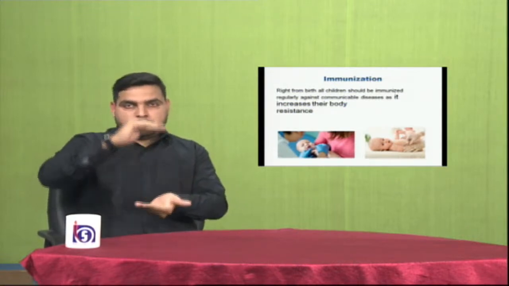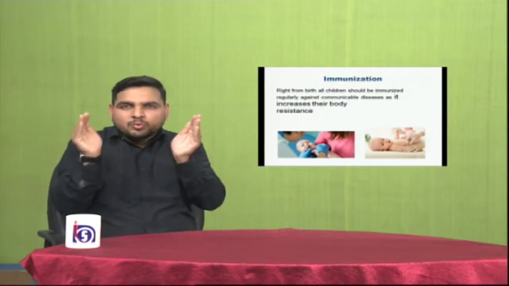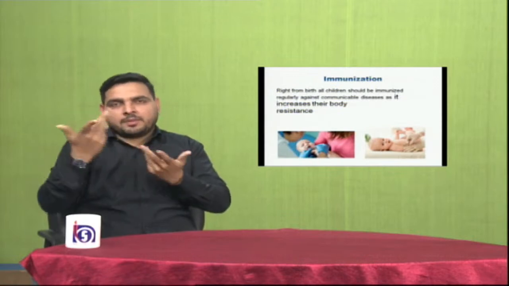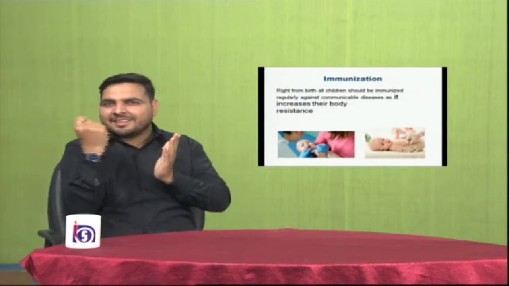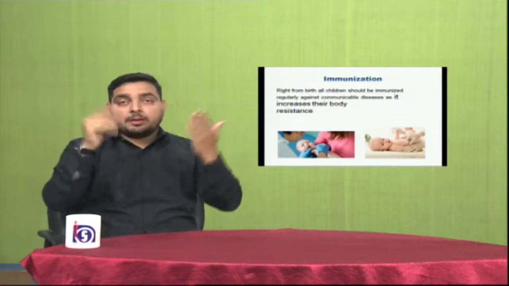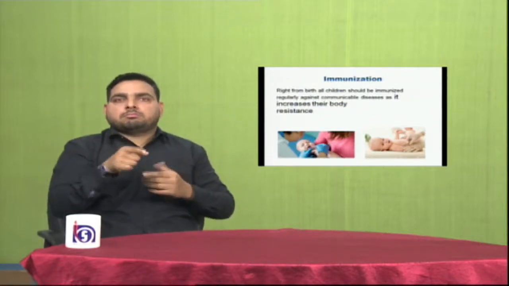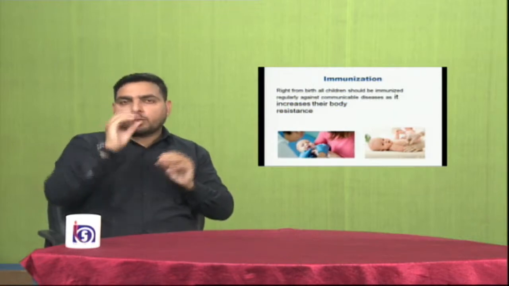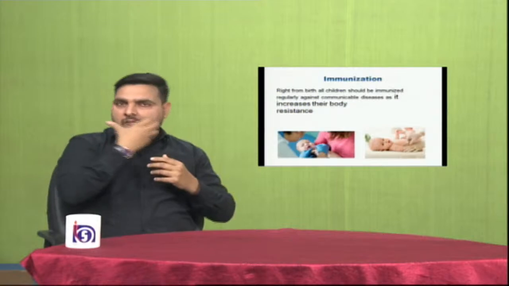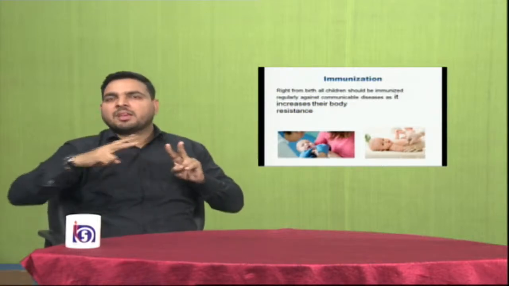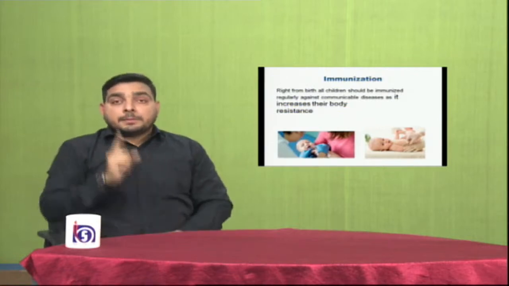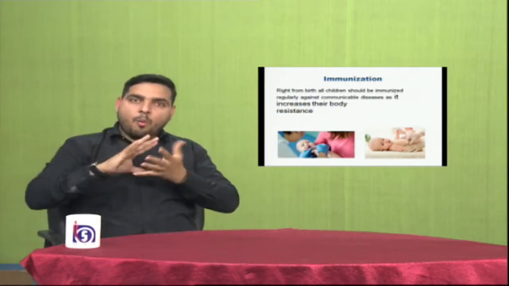Right from birth, all children should be immunized regularly against communicable diseases, as it increases their body resistance, like polio and different vaccines that protect the child and make it strong and immunized against communicable diseases.